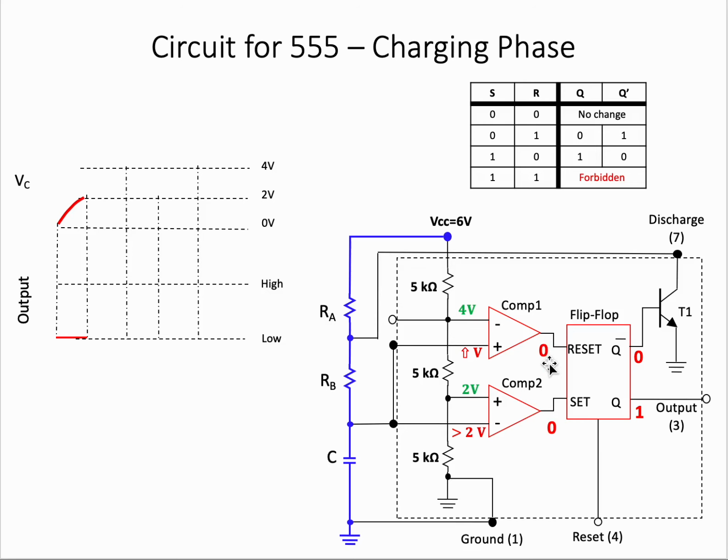The reset is still 0. Since it is 0 and 0, from the truth table there's no change in the output, so it's not going to do anything yet to the flip-flop outputs.